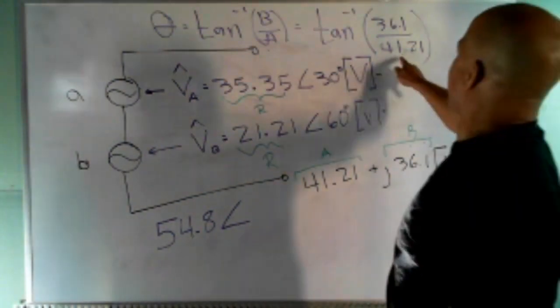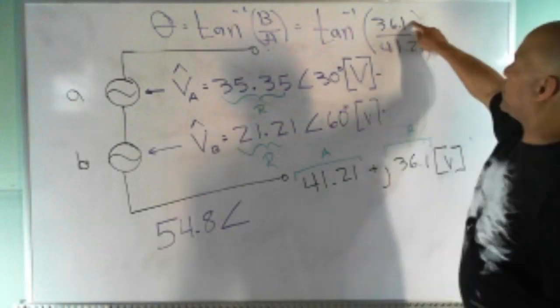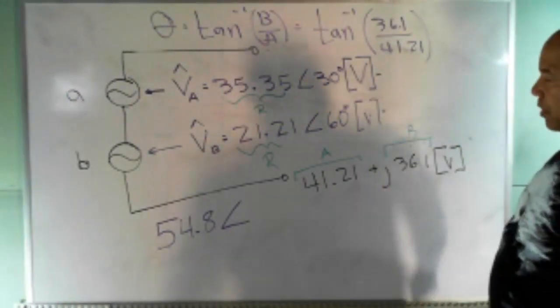Okay, so if you do this, inverse tangent of 36.1 divided by 41.21, what would that be?